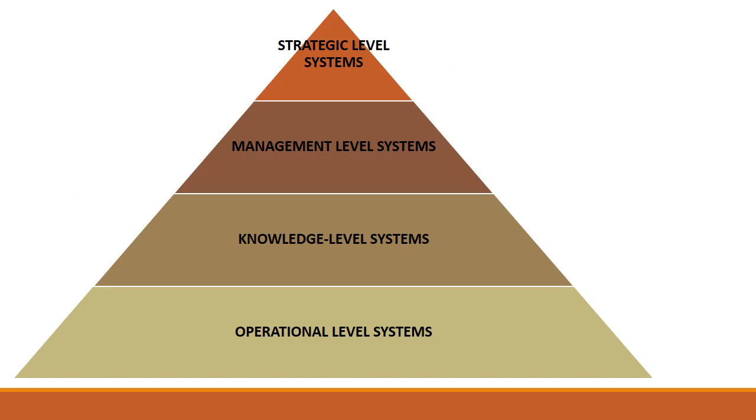This figure shows the specific types of information systems that support data processing, decision-making, and communications at each of the organizational levels in an organization.